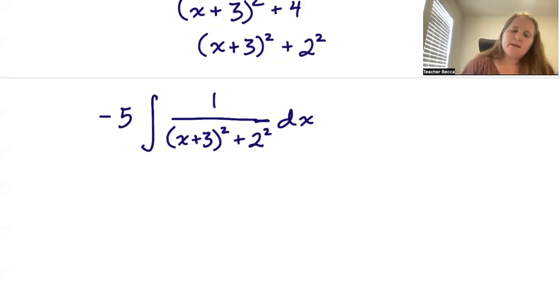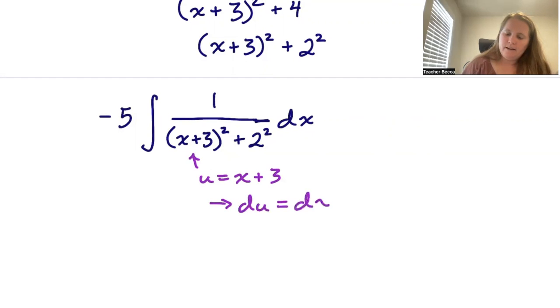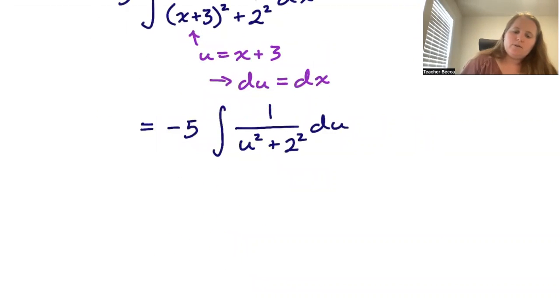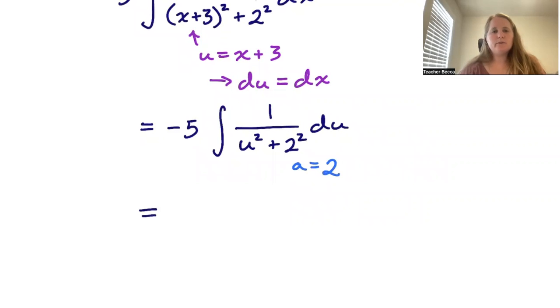We'll go ahead and set that x plus 3 as our u. That means that du is simply dx. And we are looking at a negative 5 times the integral of 1 over u squared plus 2 squared du. Here that 2 is our a. So we are looking at our inverse tan case with a equals 2.